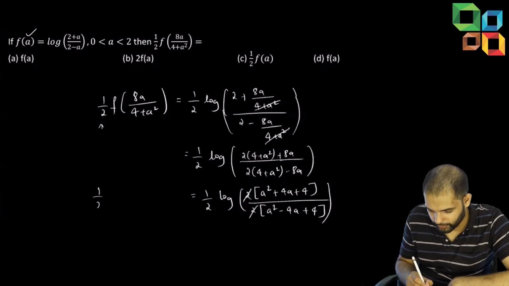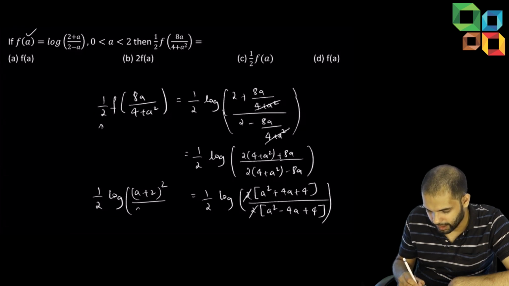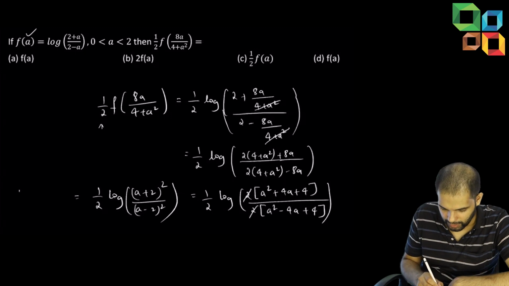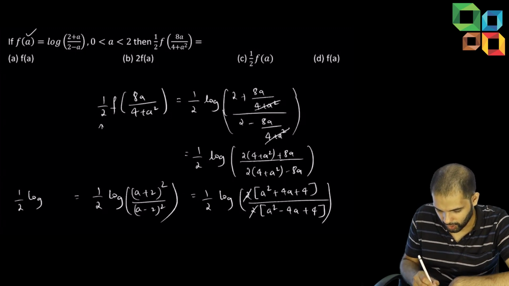So this is equal to half of log. Can you see that the numerator is nothing but a plus 2 whole square, and the denominator is a minus 2 whole square? So this is half of log of a plus 2 by a minus 2 whole square.